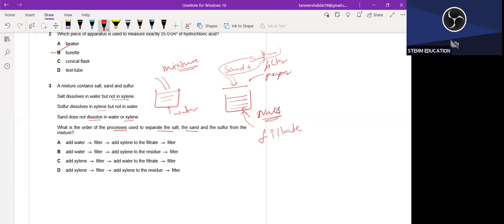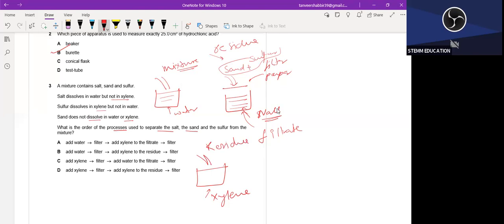Now in the second step, because this is known as the residue, I will add xylene to this residue. Suppose in this container I have xylene, and I will add the residue, which means sand plus sulfur.